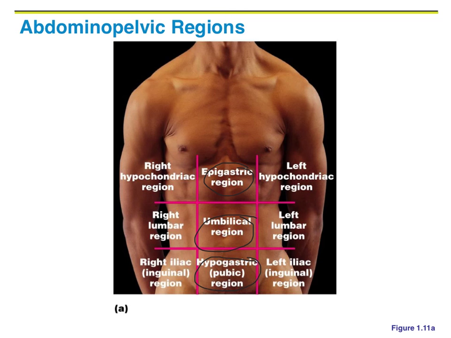You can also see there's an iliac region, right and left. You can remember this because that part of your hip bone that sticks out is called the iliac crest. You also need to know about the right and left lumbar regions. So this would be the loin areas, and also the right and left hypochondriac regions.